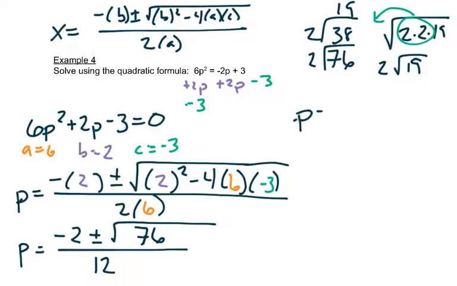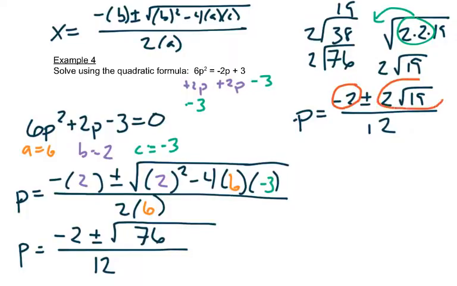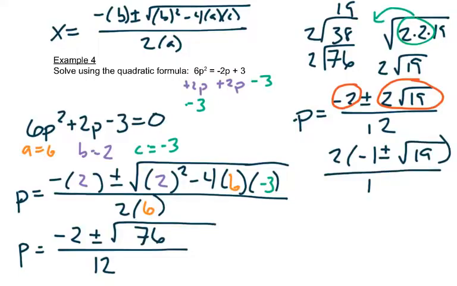So we have p is equal to negative 2 plus or minus 2 square roots of 19 all over 12. Here we can do some simplifying. On the top, there's a greatest common factor. Both terms have 2's, so we can factor out a 2, and that would leave us with negative 1 plus or minus the square root of 19 over 12. Now we can reduce this 2 and that 12.